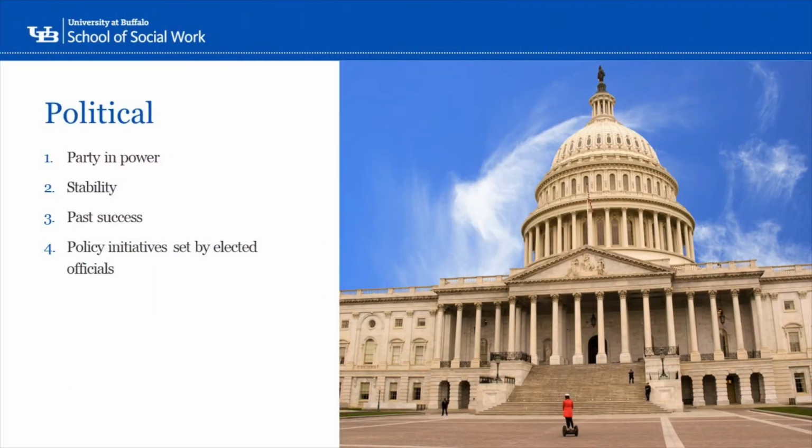What I mean by that is they receive funding if they are an organization working in a field or providing a service that the political party in power supports.